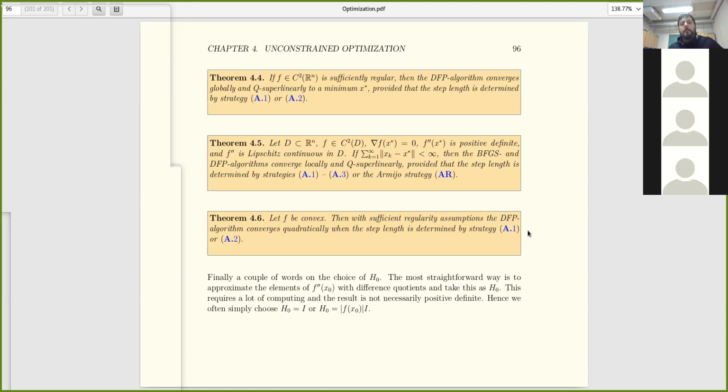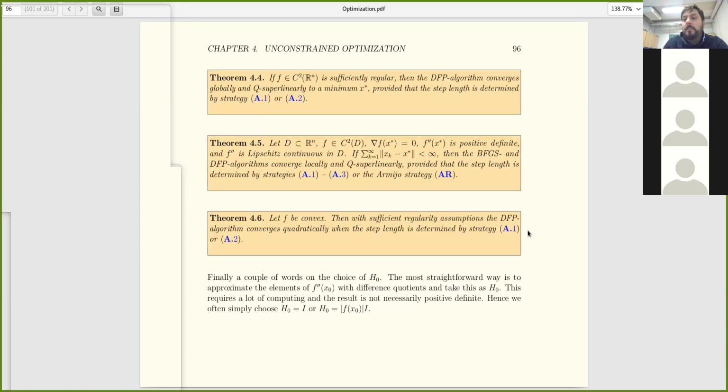The thing is, for the choice of this initial approximation, if it's handy to calculate the Hessian in some cases, then you can calculate the Hessian and start with that. Another possibility is to simply start with the identity matrix, which is surprisingly effective.